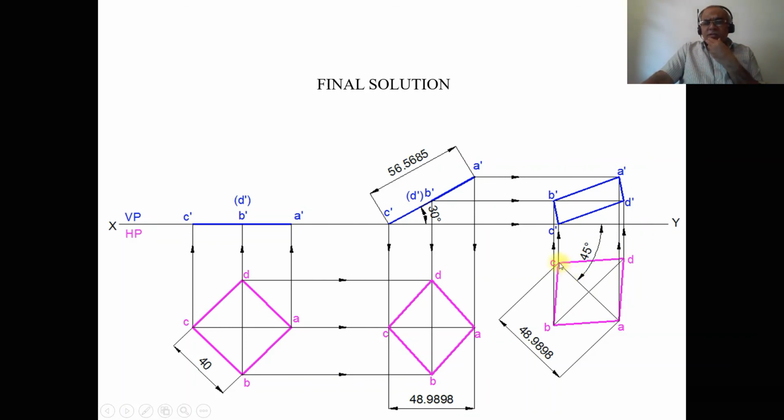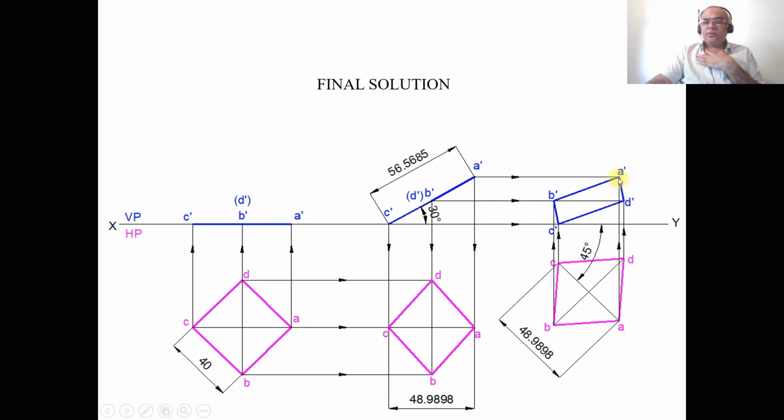Now you draw a vertical thin projector line from C to the XY line to mark this point as C dash, and draw a horizontal projector from B dash and D dash, and draw a vertical projector from B and also from D. Both these two lines will intersect this horizontal projector at this point for B dash and at this point for D dash, and you mark them as B dash and D dash, and draw a horizontal projector from A dash from the second position front view, and draw a vertical projector from A of the third position top view.